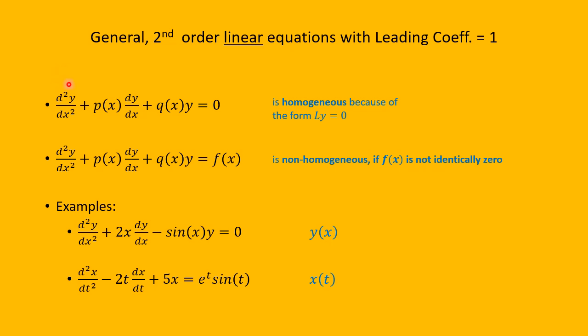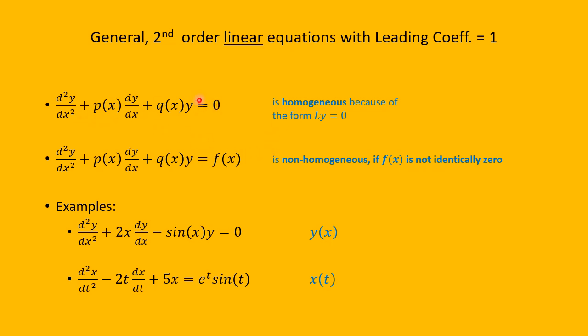The leading coefficient I'm going to assume is 1. If it's something else, we can divide through by the coefficient to make the coefficient here a 1. So we're going to look at the second derivative of y with respect to x plus the function p of x times the first derivative of y with respect to x plus q of x times y equals 0.